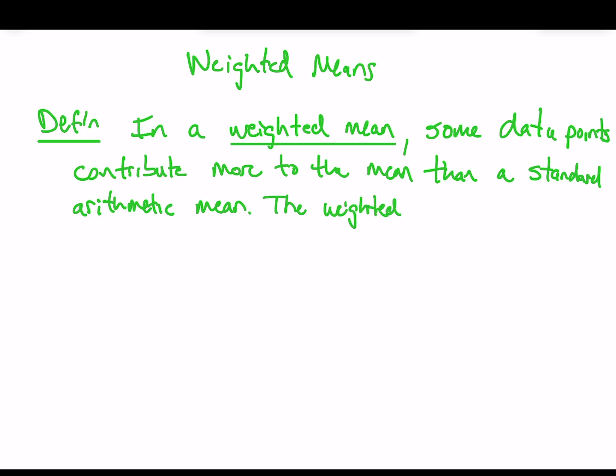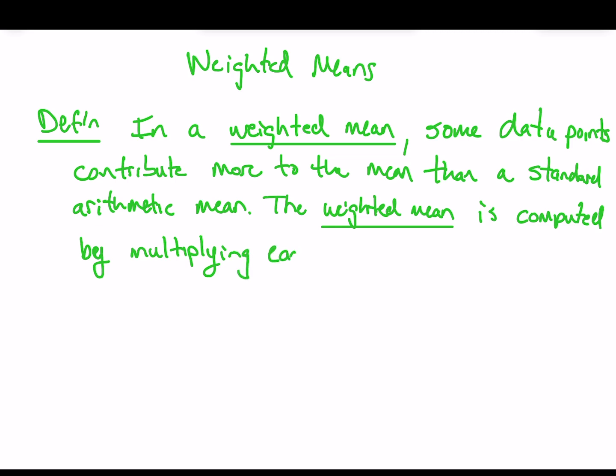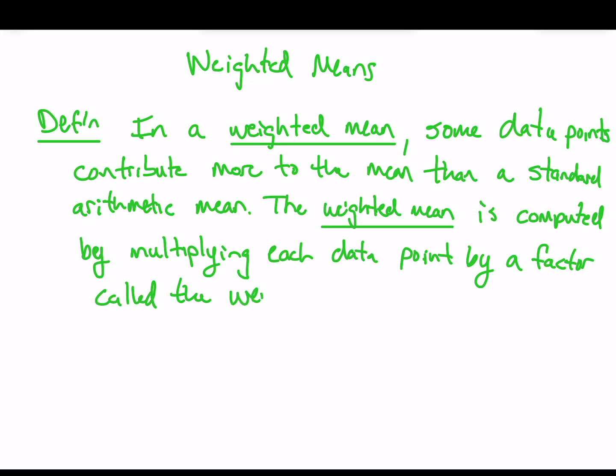The weighted mean is computed by multiplying each data point by a factor called the weight and summing the products.